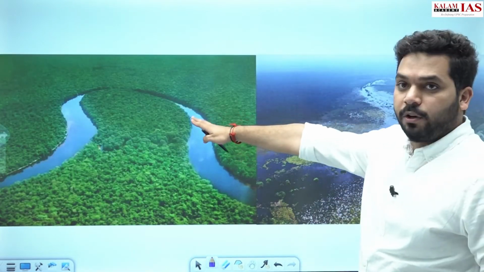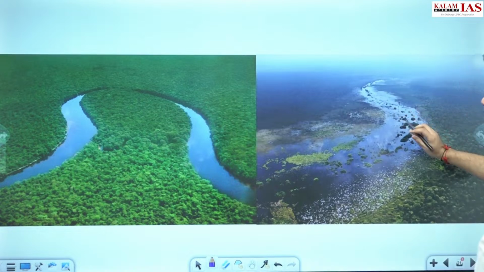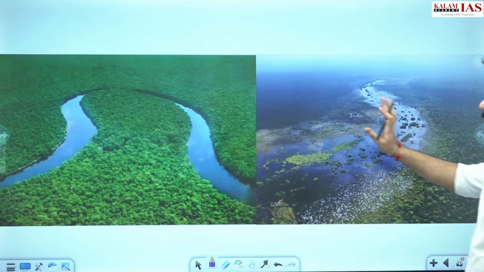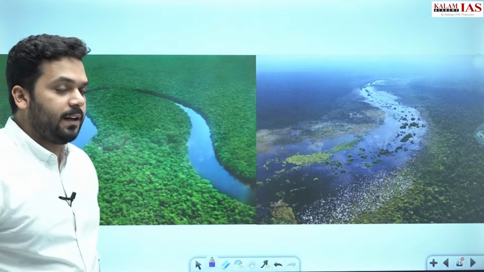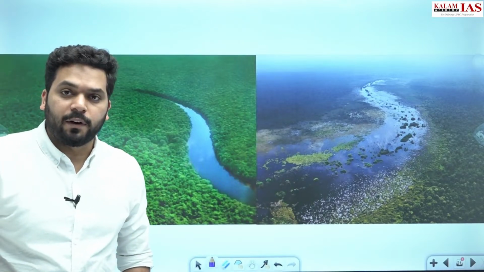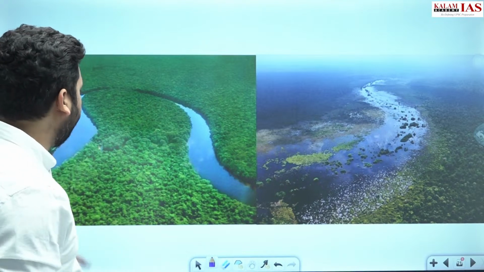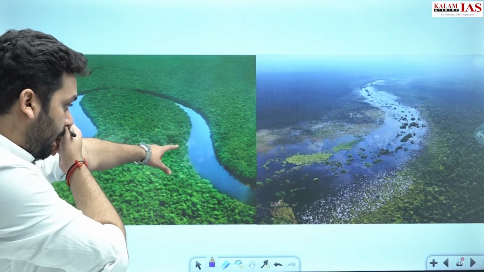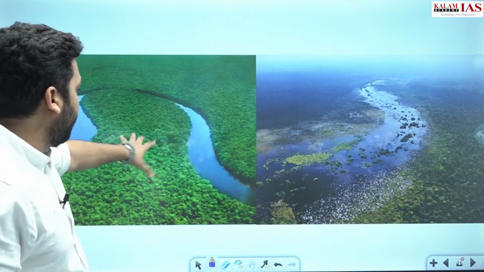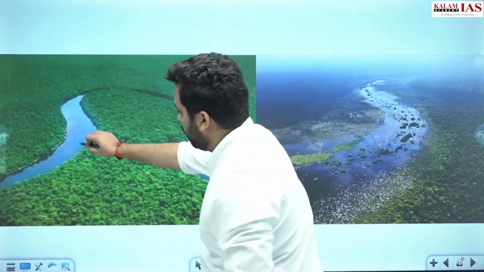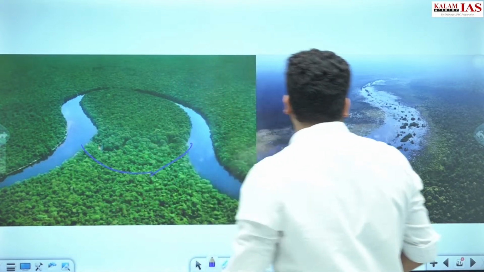This is the picture of the Congo River, and this is the peatland area. This kind of greenery is evergreen vegetation because there is a lot of rainfall. Then this is the meandering of the river. You can see an oxbow lake; later it will become an oxbow lake. This is the peatland area.